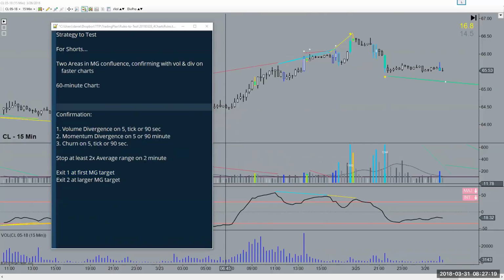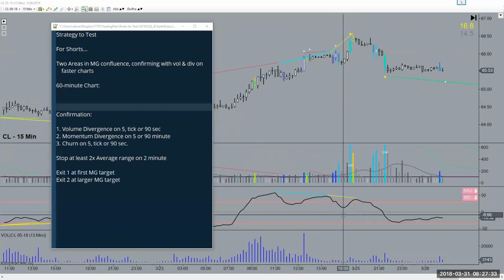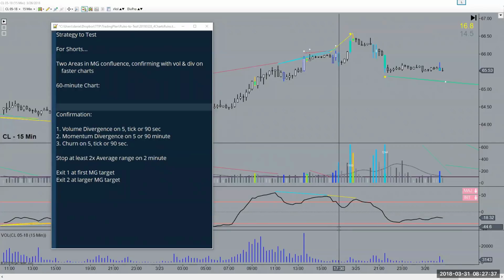And to be able to teach it to other people, it would be much easier if it were visual. So that's the whole reason that I have the Divergences Pro indicator. Number one, to see it quickly, but more importantly, to be able to teach it to others and to be able to test it within Bloodhound and Blackbird.